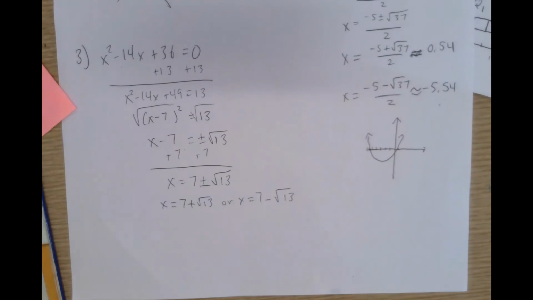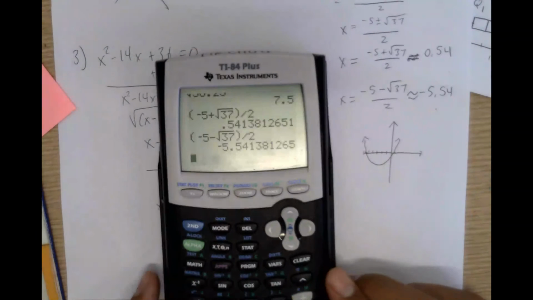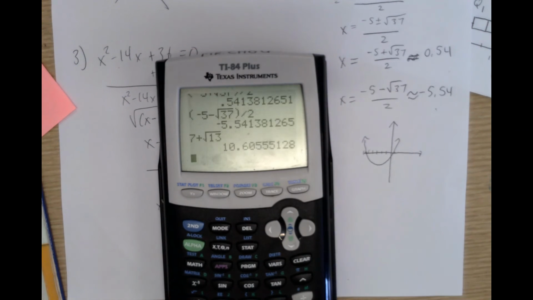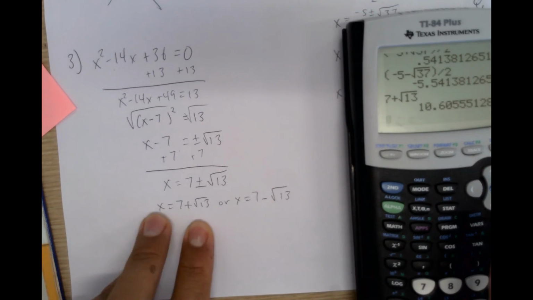So you can see here that if I put it in my calculator, I have 7 plus the square root of 13, and you can see that that's about 10.6, right? I don't usually write it in this form because you can see here I need to round my answer, but to be even more accurate, I could just write 7 plus the square root of 13.